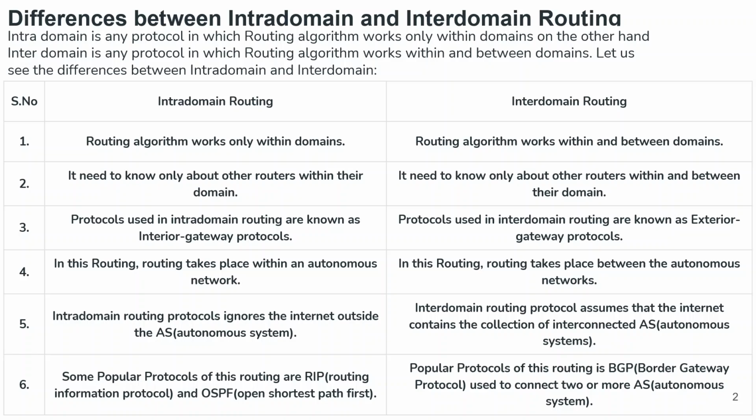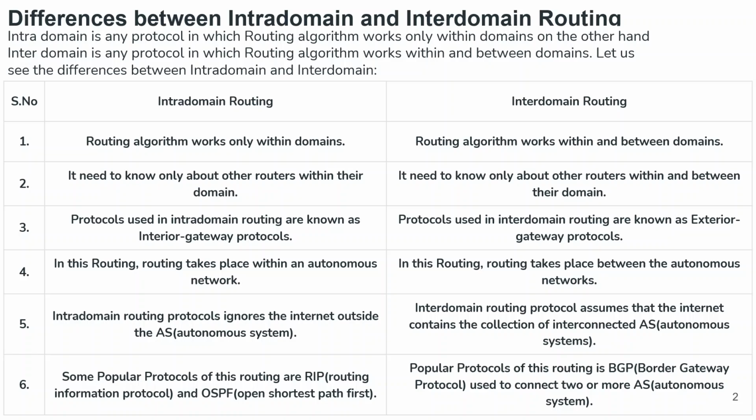In intra-domain routing, a router needs to know only about other routers within its domain. But in inter-domain routing, it needs to know about other routers within and between domains. So it's all about the same domain in intra-domain, and about various domains in inter-domain.